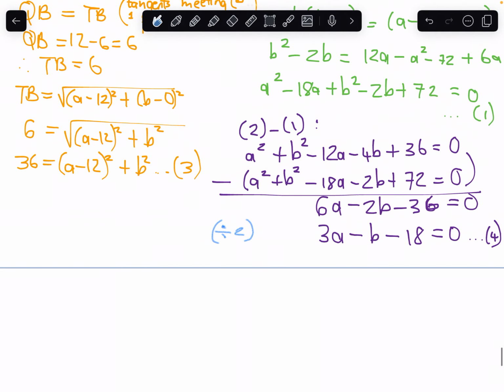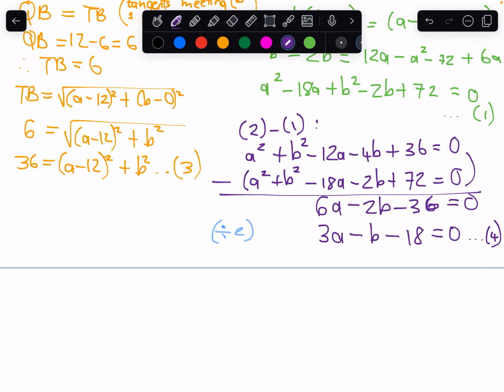Okay, right. Cool. So, using equation 4, I'm going to rearrange it. B looks like the easiest to make the subject of the formula, so I'm going to move this to the other side.